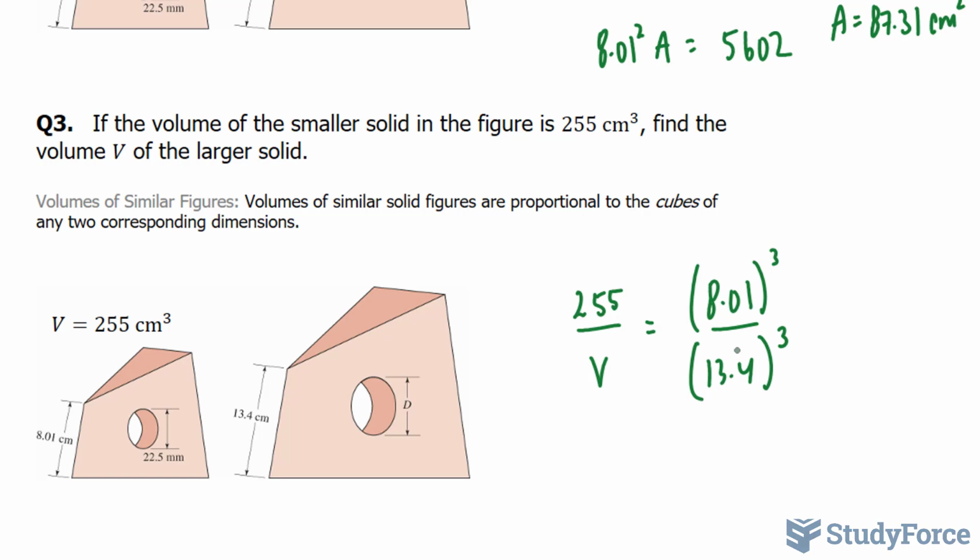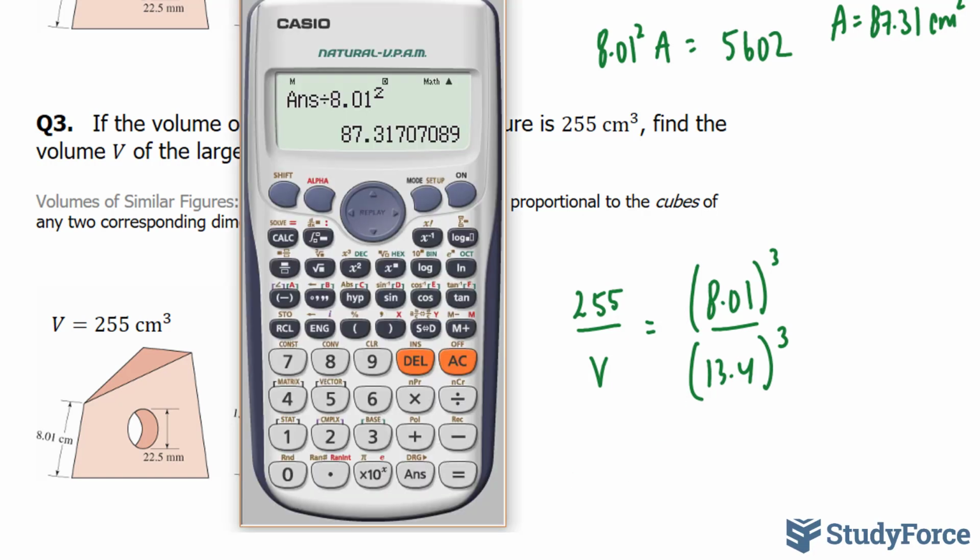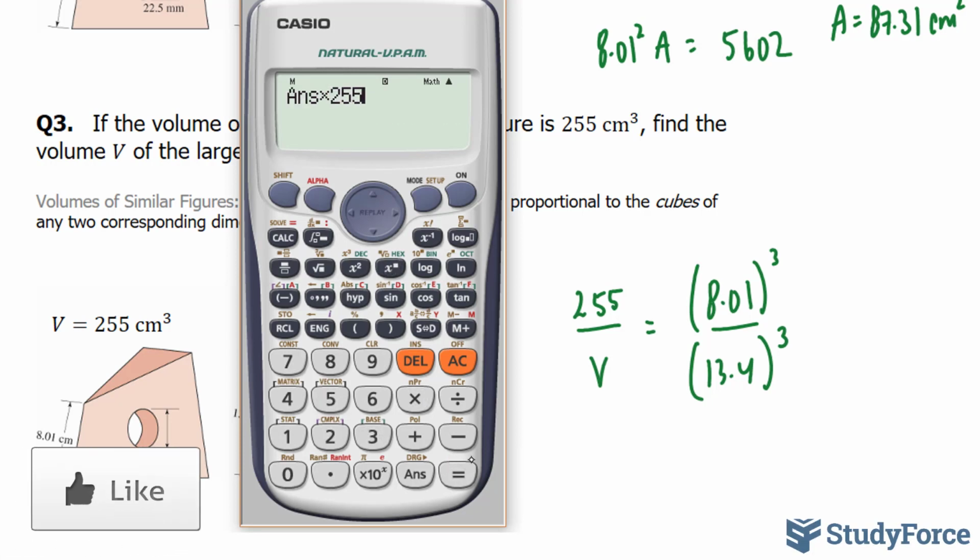Doing the same math as before, 13.4 to the power of 3 times 255 gives us this pretty large number. Keeping that in our calculator, don't erase it. V times 8.01 to the power of 3 is 8.01 to the power of 3V.